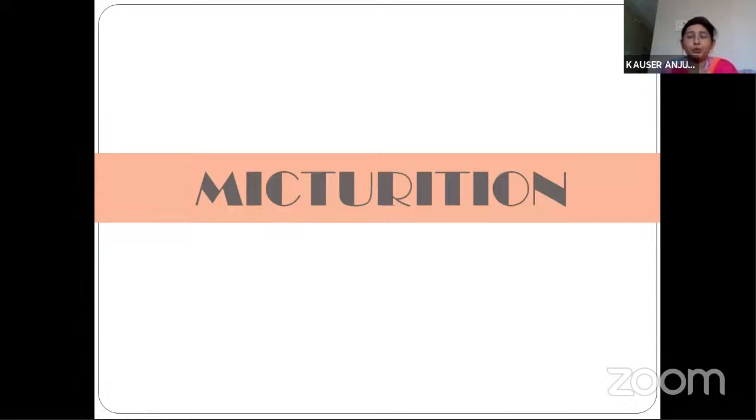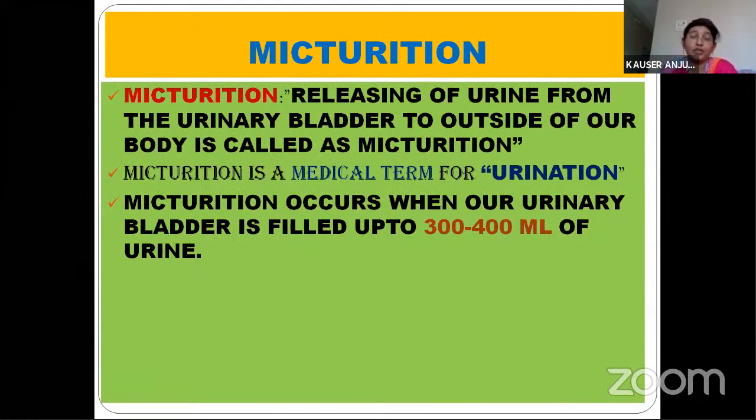Now we will enter into the second topic, that is micturition. Okay, so what is micturition? This is a new word, children. Till now you have not come across this word. When the urinary bladder is filled, we feel the need to pass the urine out, isn't it? That is a natural feeling which every human being exhibits.